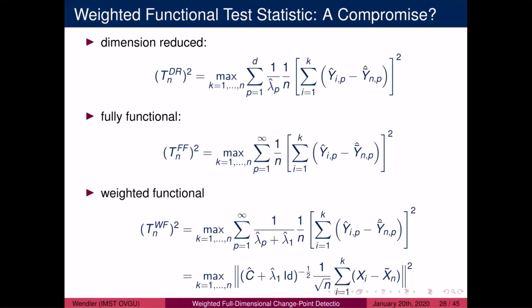Yes? I have two questions. The first question is, is it not common to use a tuning parameter sequence like we do in Tikhonov in general, instead of lambda hat 1, theta n? I imagine that you thought about that, because yes, we discussed it.